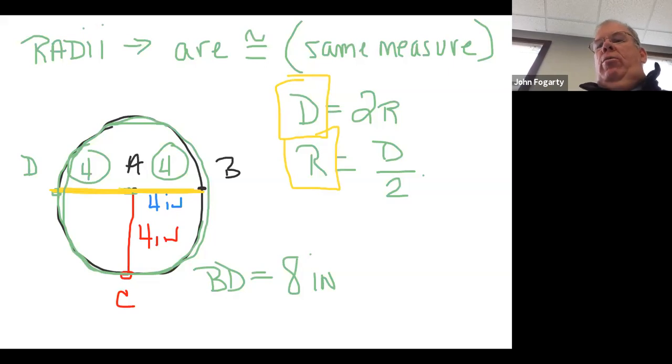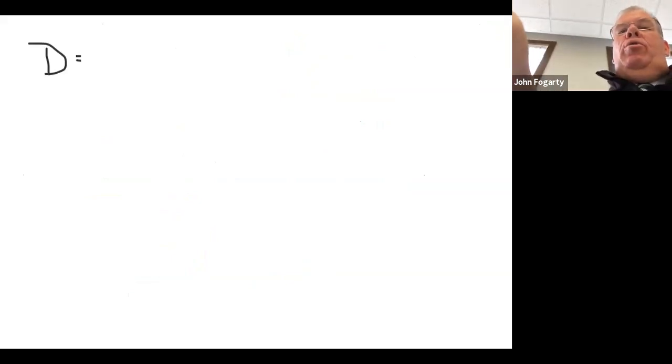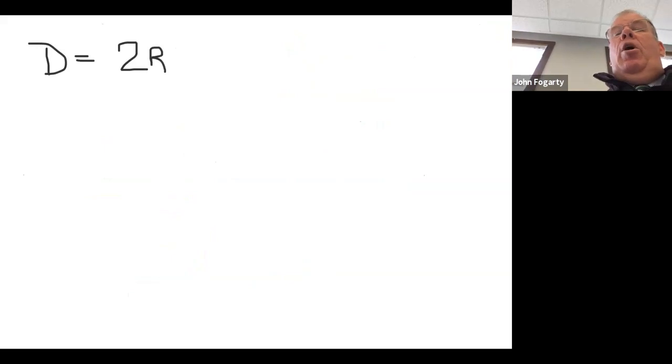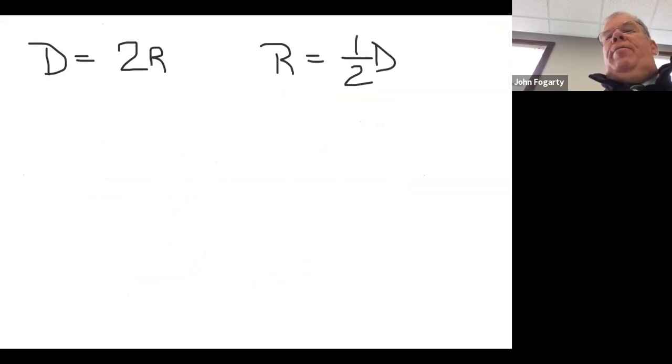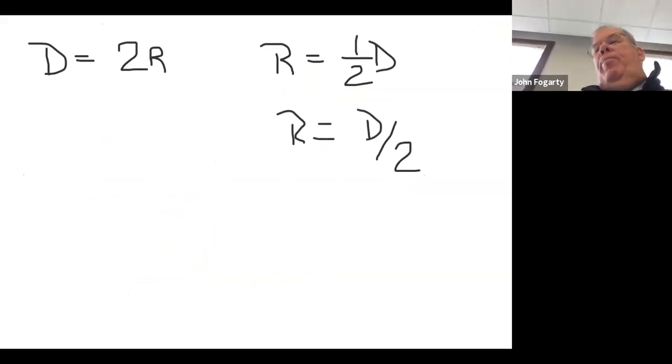You have to always remember this: the diameter is always equal to 2 times the radius, which also means that the radius is equal to 1/2 the diameter. And 1/2 the diameter is the same as saying the diameter divided by 2. Do you guys think you can remember that?